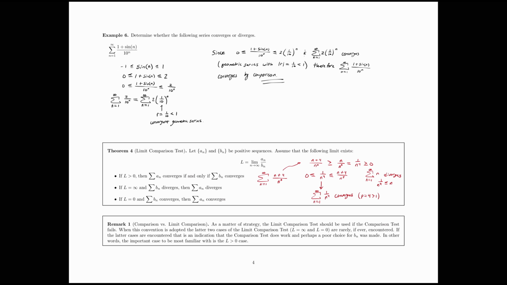When you find yourself in that situation, such as what we just did here, the limit comparison test is very useful. The limit comparison test says, if we have two positive sequences, a sub n and b sub n, assume this limit exists. You actually want to compute the limit of a sub n over b sub n, where a sub n is our given.